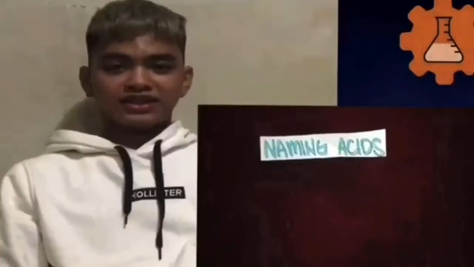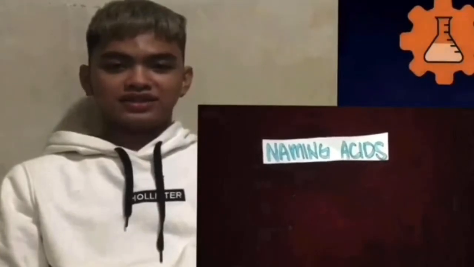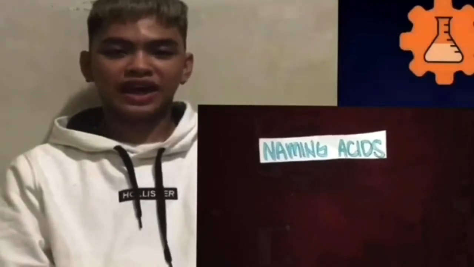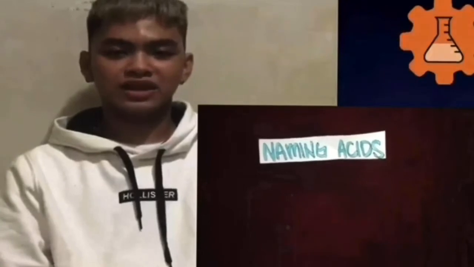So now, let's proceed to the last part of this video, which is naming acids. Naming acids, there is a rule that must be followed to come up with the proper name of the acids. The rule is for negative ions of the compounds that end with -ide, -ate, and -ite. But what if the negative ion is something different?